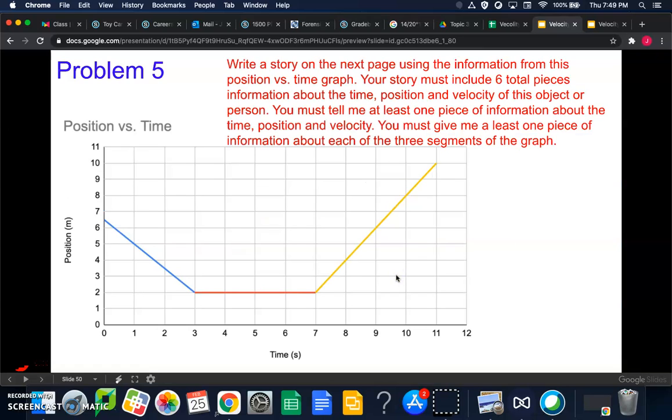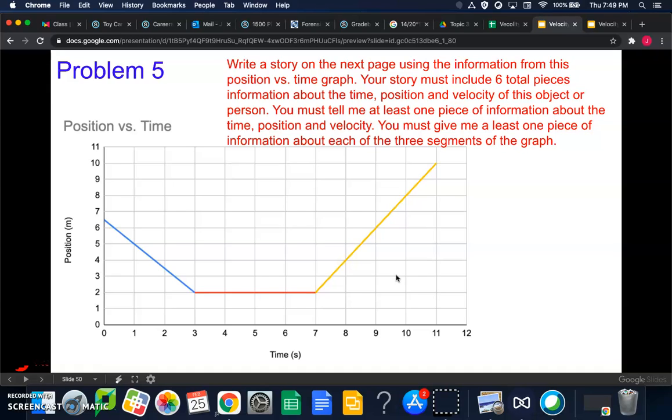Problem 5 though, what you're going to do is what I did in example 5. You're going to write a story on the next page using the information from this position versus time graph. Your story needs to include at least 6 total pieces of information about the time, position, and velocity of this object or person. So make up a story.